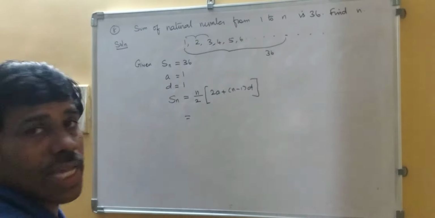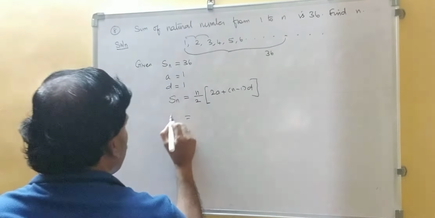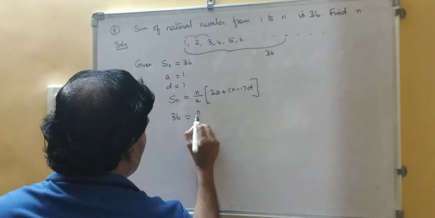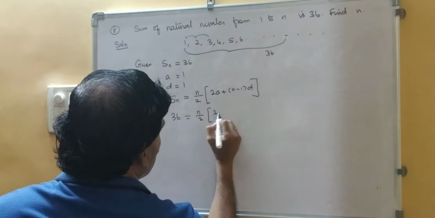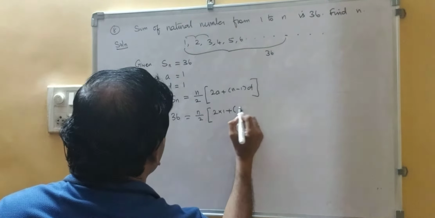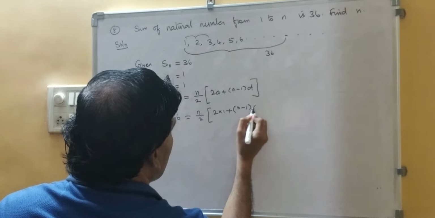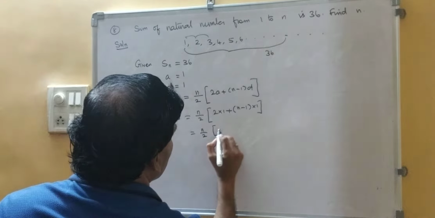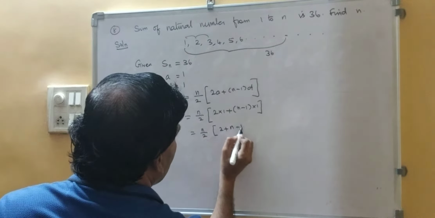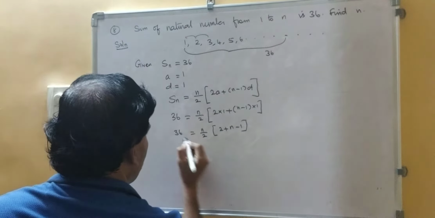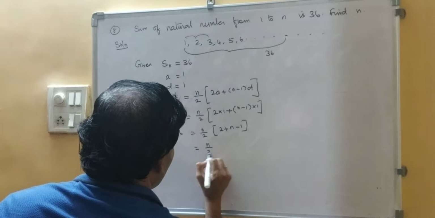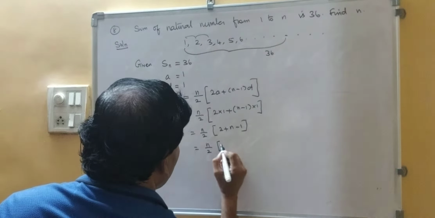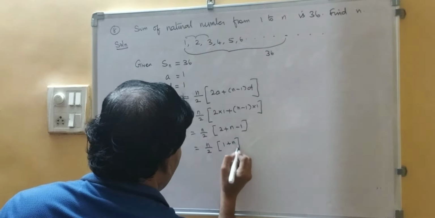Sn is 36, so 36 equal to n by 2 into 2 into 1 plus n minus 1 into 1. So n by 2 into 2 plus n minus 1, that is n by 2 into 1 plus n.